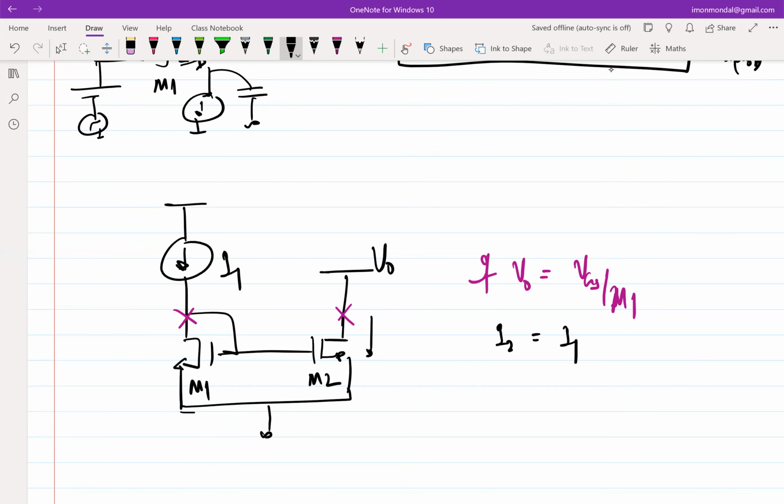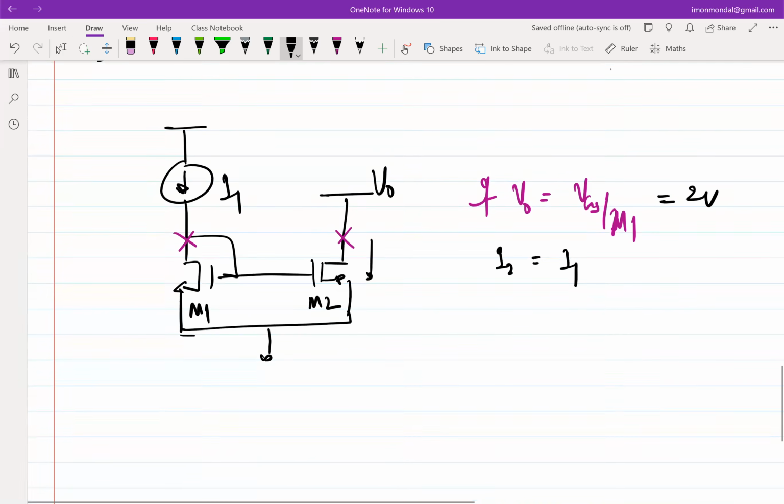Let's say VGS of M1 is equal to 2 volt, and threshold voltage 1 volt and so on, what we have been taking. So under this condition, if this is 2 volt and V0 equal to 2 volt, this current will be whatever it is. This current will be I1.